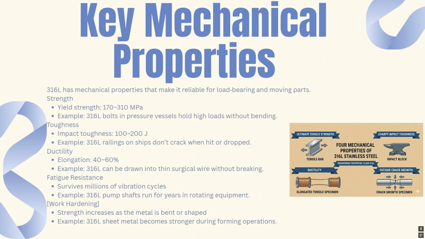For FCC, 316L has a lot of slip systems, so it bends instead of snapping. It also has strong fatigue resistance, so it can survive lots of loading, like pressure cycles, without cracks. It also has high work hardening capability, so once you deform it, it becomes stronger because the dislocations multiply.